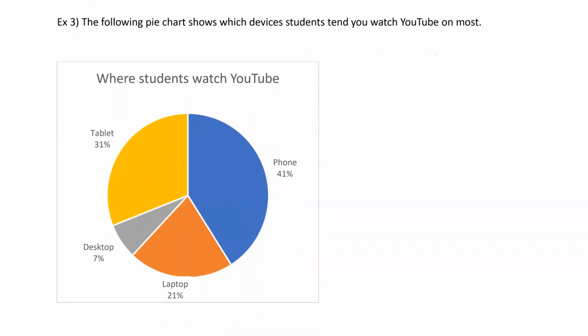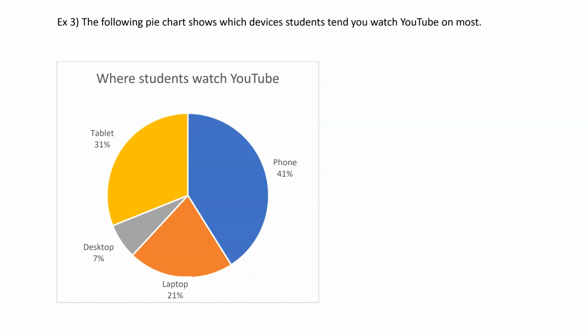So example 3, the following pie chart shows which devices students tend to watch YouTube on the most. So no specific question here, just want to make sure that everybody can read it okay. So all this is saying, we have where students watch YouTube. If we want to know what the most frequently used device is for watching YouTube, we would just look at the biggest area. So the section with the biggest area is this one on the right.